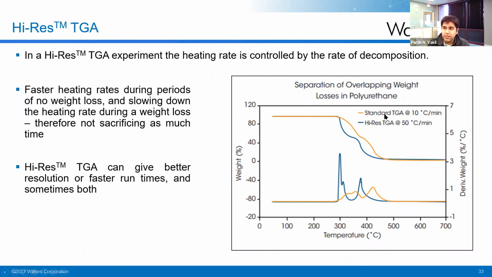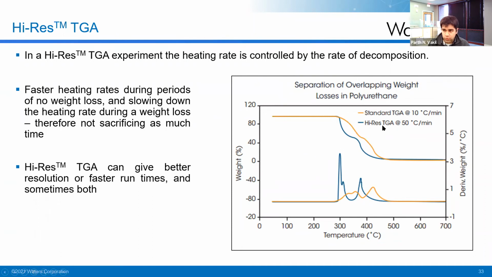And so in a standard TGA experiment, sometimes you may not be able to resolve 2 weight loss steps as clearly, either looking at the weight percent spectra or looking at the derivative. You can see that these peaks are not as well defined as the run using high resolution TGA. So in this experiment, the instrument is allowed to go up to 50 C per minute, but is allowed to slow down to almost, I believe, 0.5 to 1 C per minute.